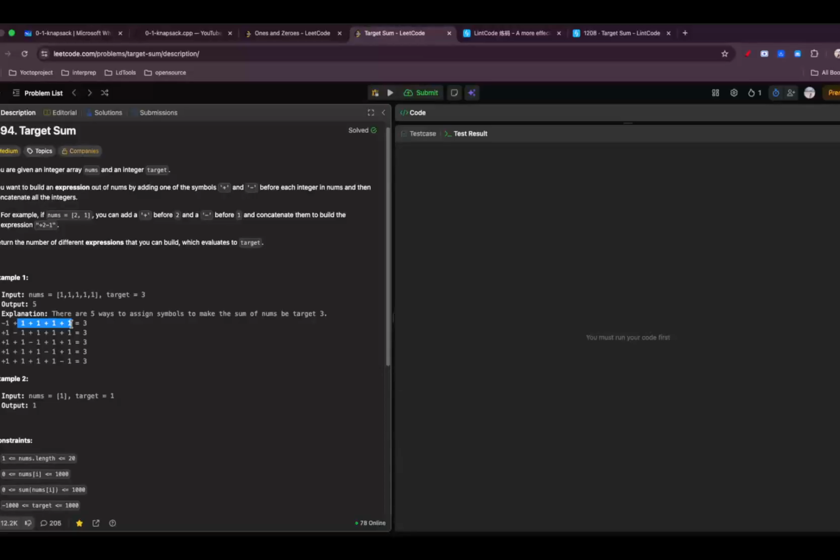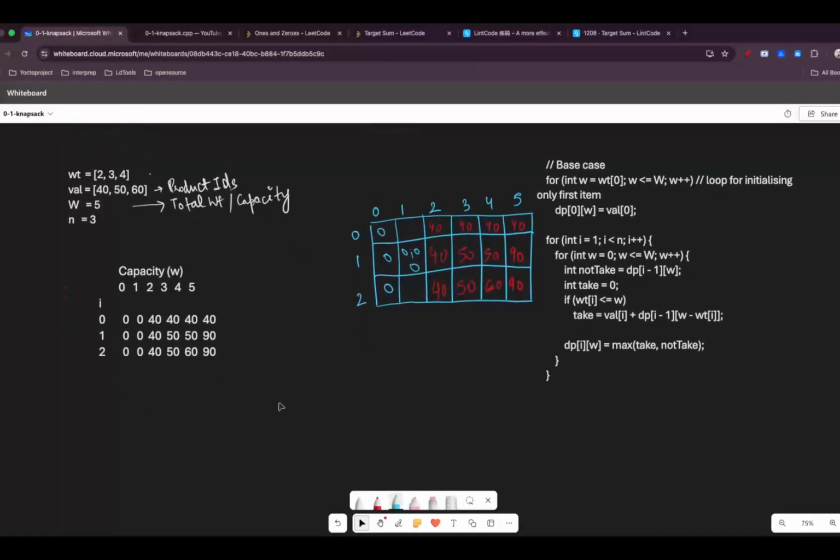After doing all those things, at the end you need to check whether this branch is evaluating to your target or not. If it is evaluating, then fine, you got one expression. Then again you try the next one. It becomes a tree sort of thing, like if we take that first example itself.